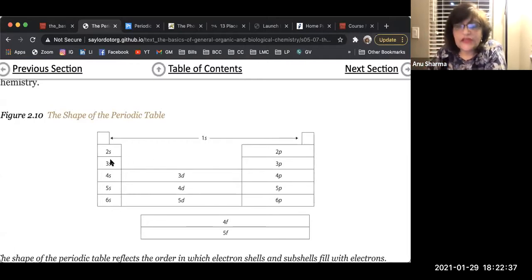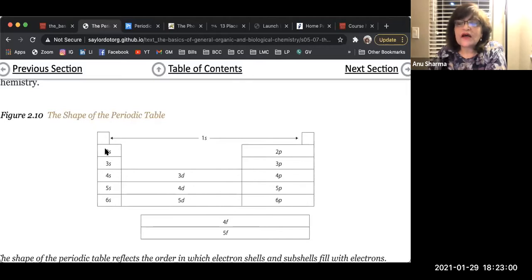But anyway, starting from here, the last electron is found in the 2s orbital, here the 3s orbital, 4s, 5s, and 6s. So these s orbitals are where the valence electron is found.